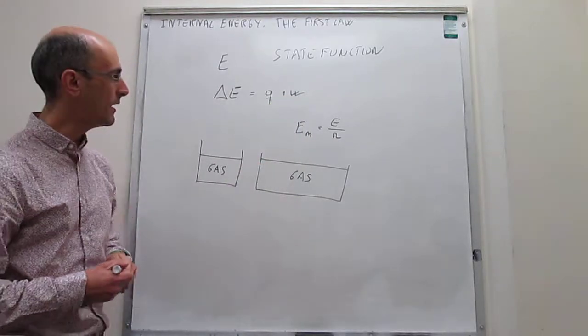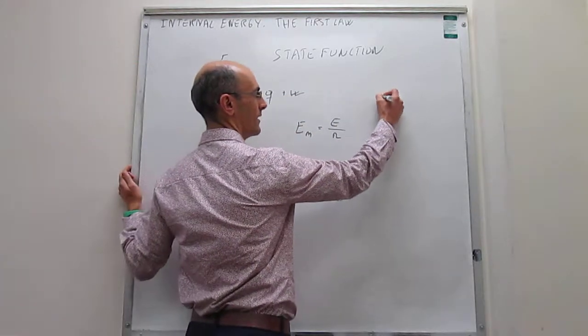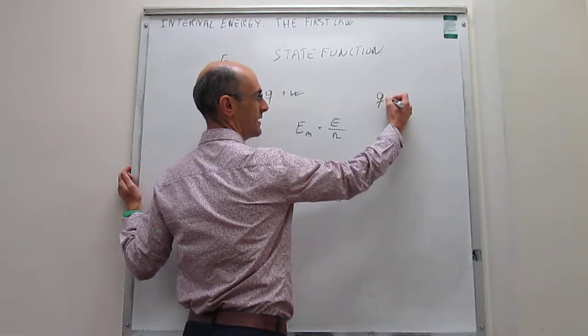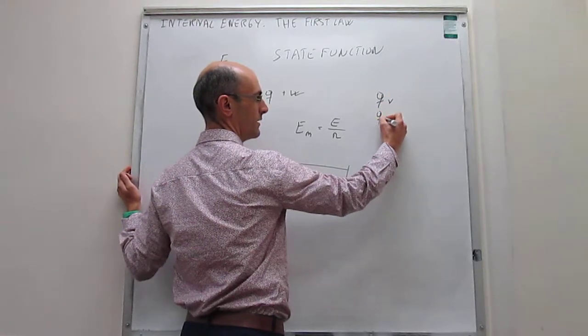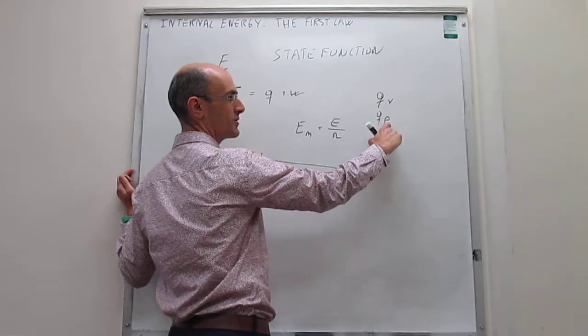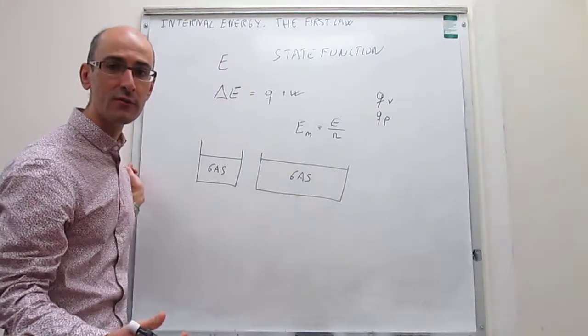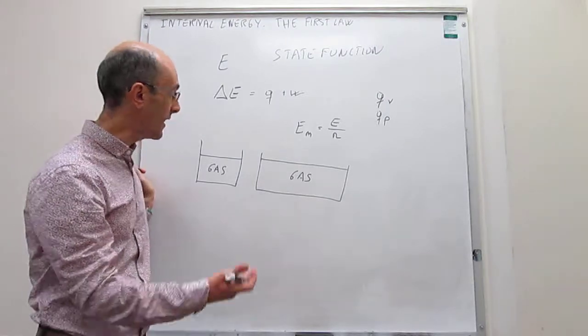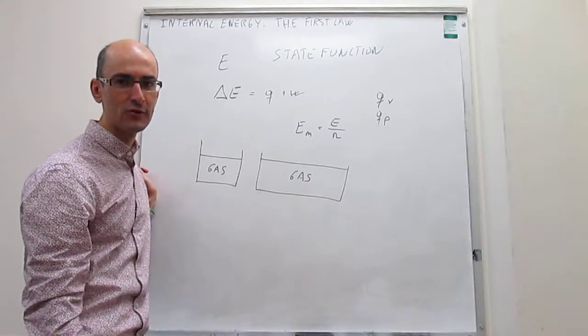It will be very common to write heat not only as Q, but as Q sub V or Q sub P, to say that we're working either at constant volume or at constant pressure, because the value of Q will change. That's because Q and work are not state functions.